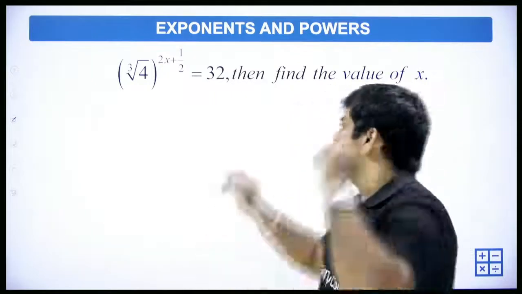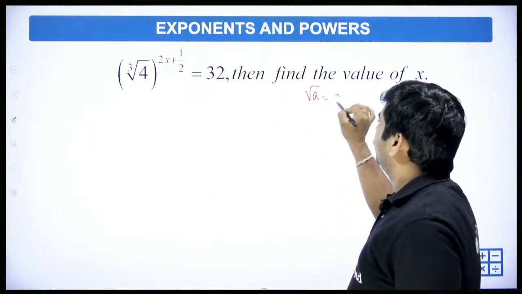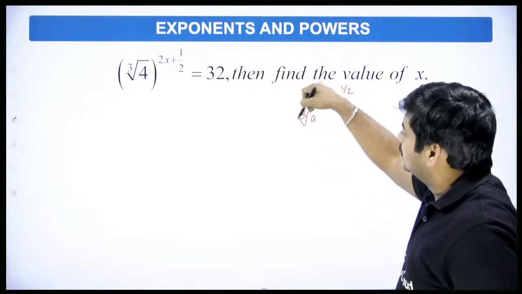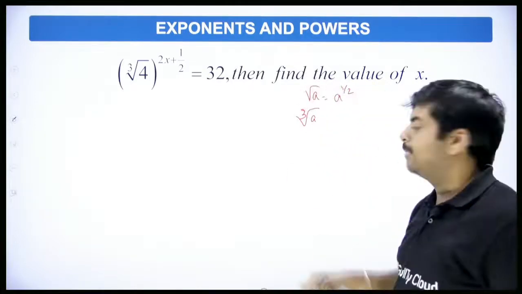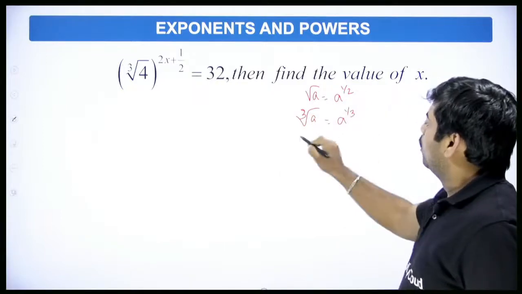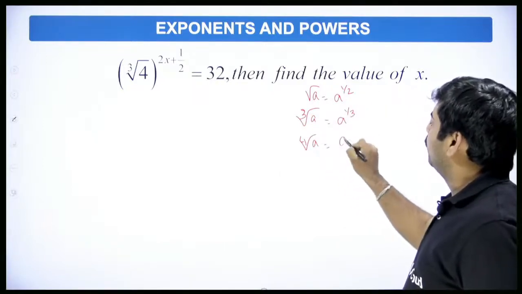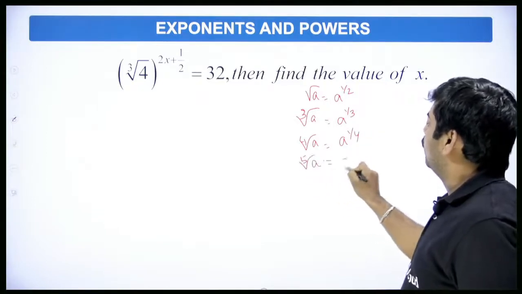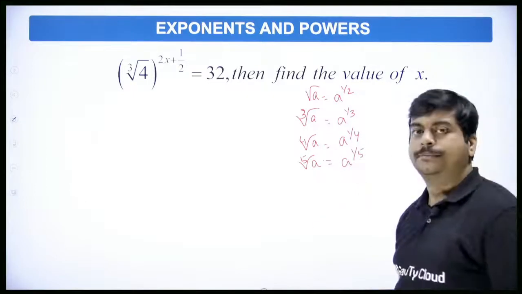Square root, if you can remember, root a is a power 1 by 2. Here it is a cube root of a. The 3 is inside the root, over the bracket, in that V shape. So it is a power 1 by 3. 4th root of a is a power 1 by 4. 5th root of a is a power 1 by 5, right?